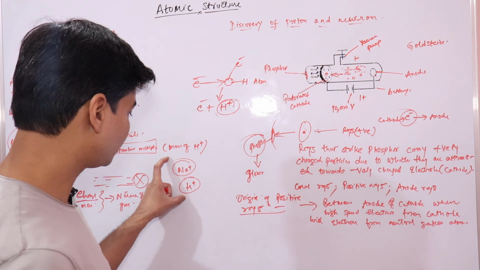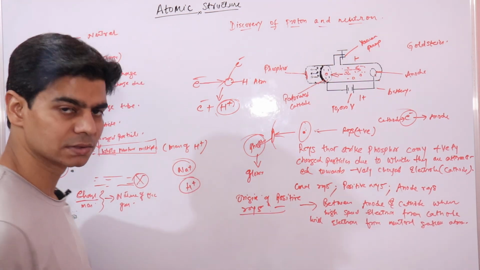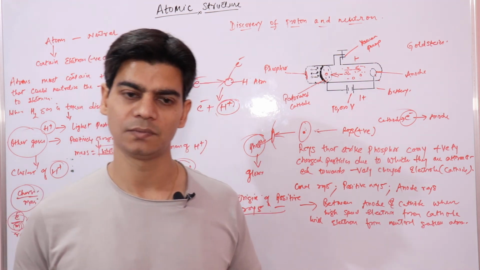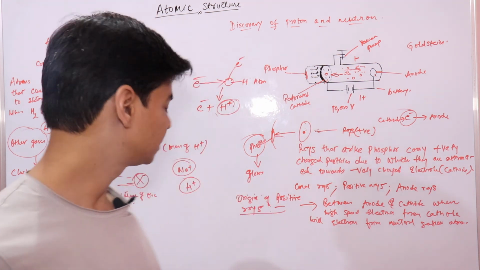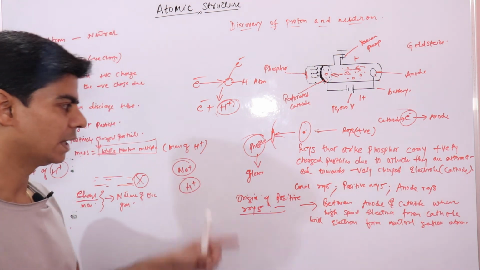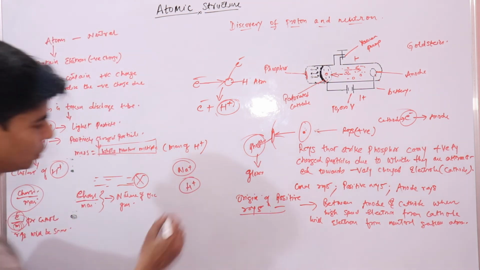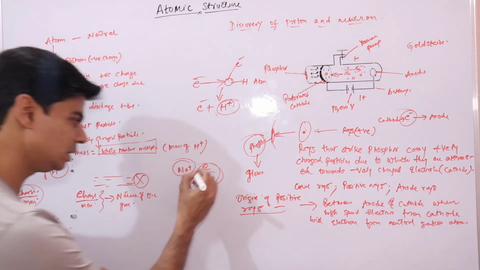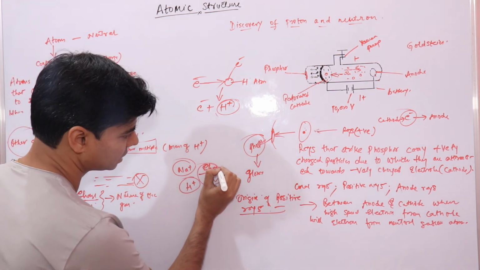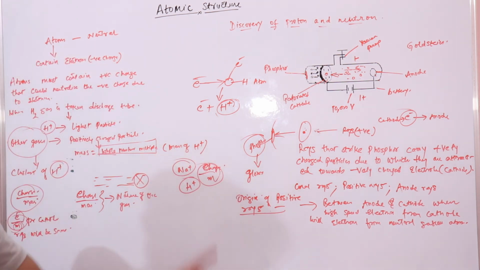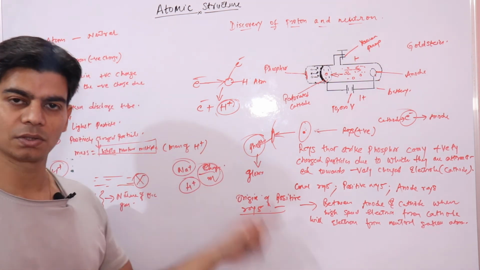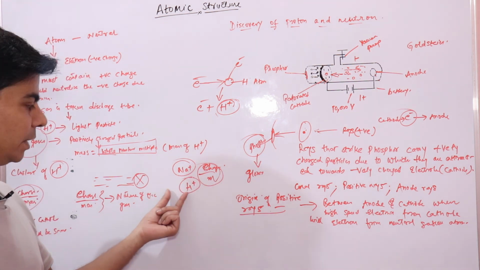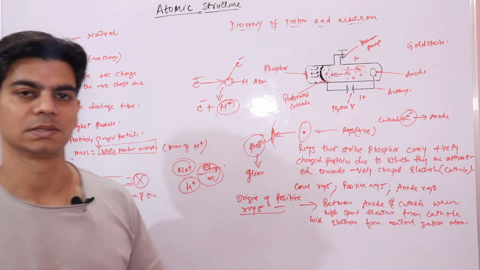So the mass of positive rays, the mass of these positively charged ions, depends on the nature of the gas. Which gas you have taken, the mass of these positively charged particles depends on the gas. So the charge to mass ratio will depend on the nature of the gas, because the mass of the positively charged particle produced would be different for different gases.